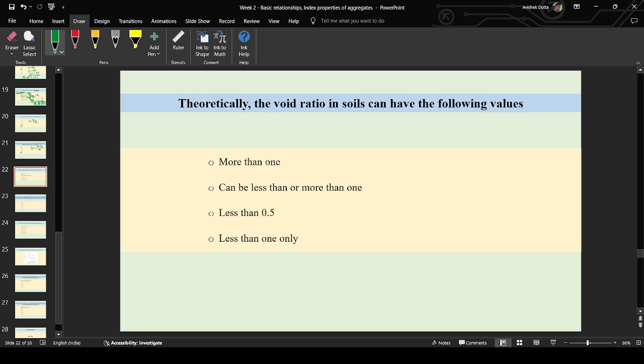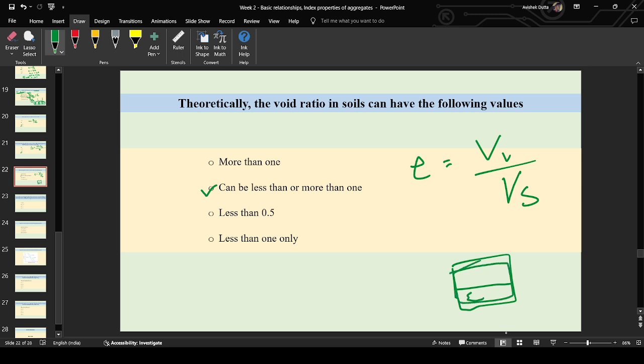Theoretically, the void ratio can have the following values. Option B, sir. Yes, it can be more than 1 or less than 1. Depending upon the void ratio, volume of voids by volume of soil solids, it can change. We take a container, the soil is this much, there is void, we say this is the soil volume.